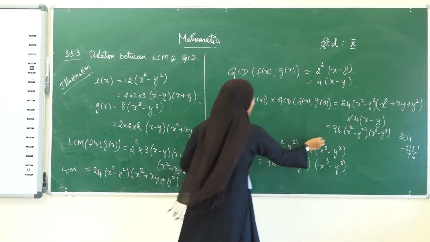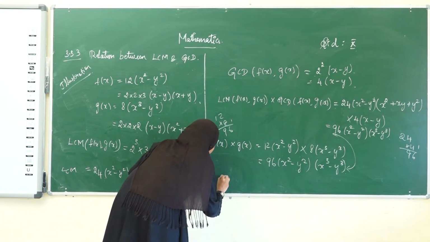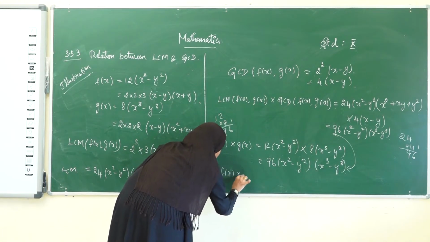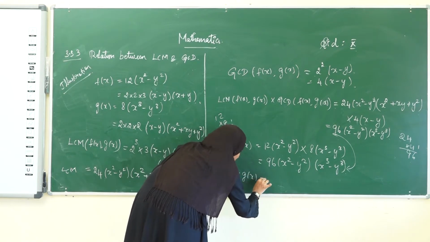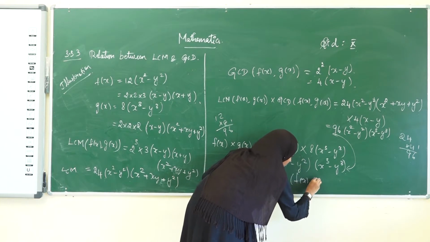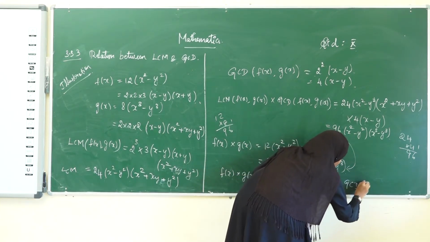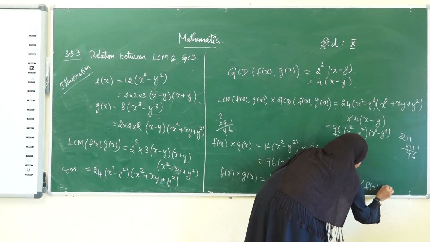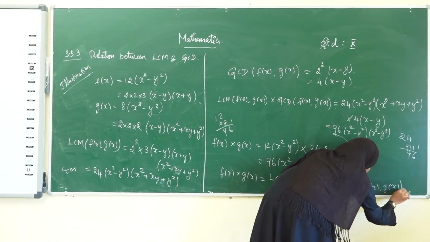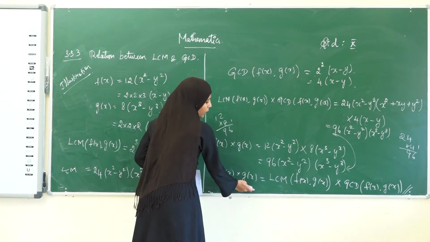See here, this term and this term are same. Therefore f of x into g of x is equal to LCM of f of x comma g of x into GCD of f of x comma g of x. Therefore we have proven this formula.